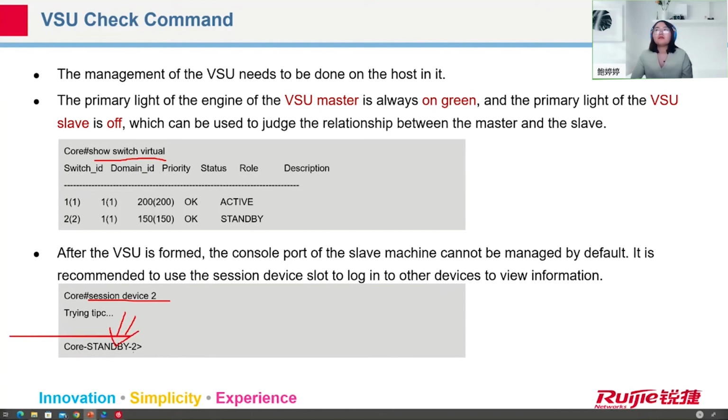Call standby 2, and then you can use the command to check or maybe some others. So that's why we say it's very convenient to do the management, because you can directly use one console or maybe telnet into one devices. Then you can manage all the devices in the same VSU.